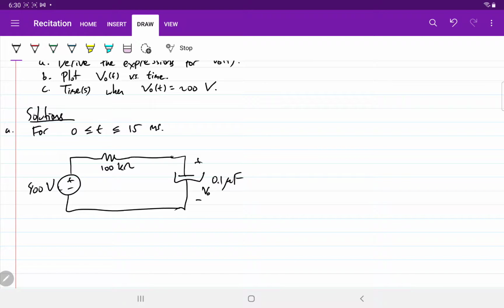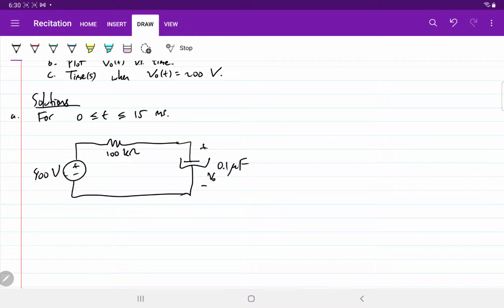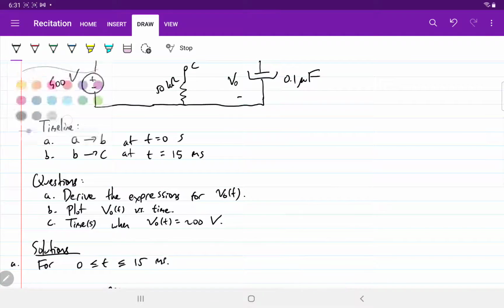And we need to find the expression of V0 here. Okay, so let's solve it. Oh yeah, I forgot to mention the initial condition.